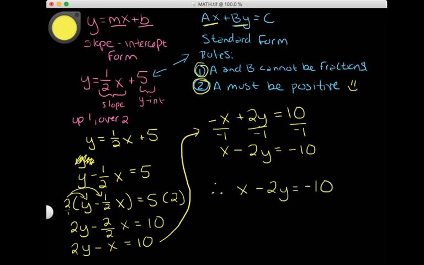So that's our answer. This is standard form. Okay, so we have gone today from our original form, slope-intercept form, into standard form. See? Pretty easy.